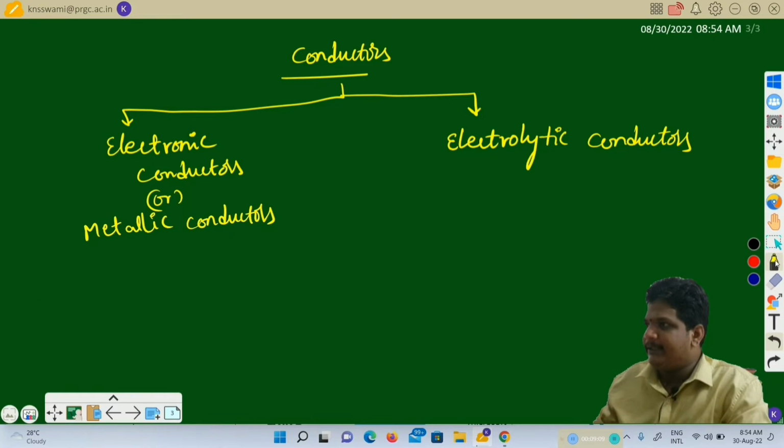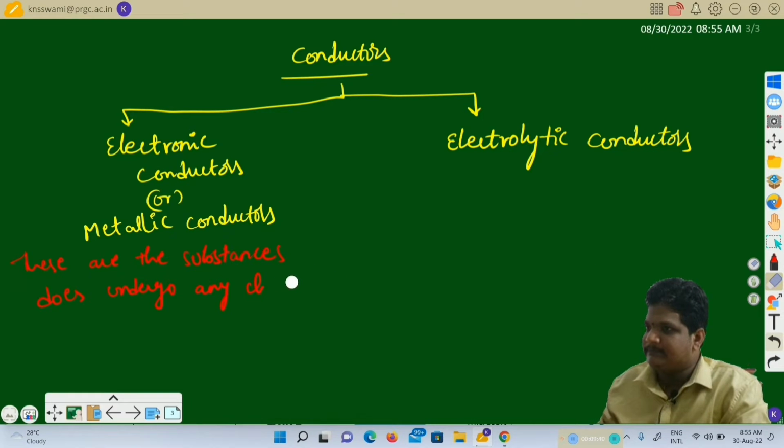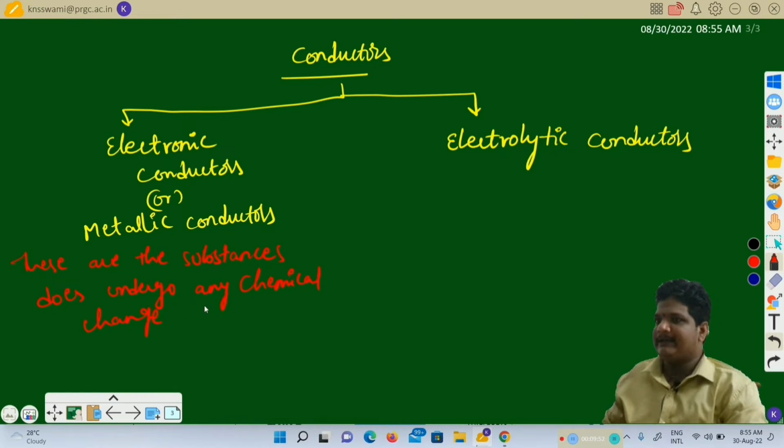These are the substances that do not undergo any chemical change during passage of electric current.